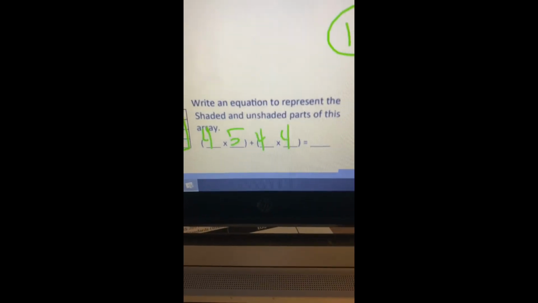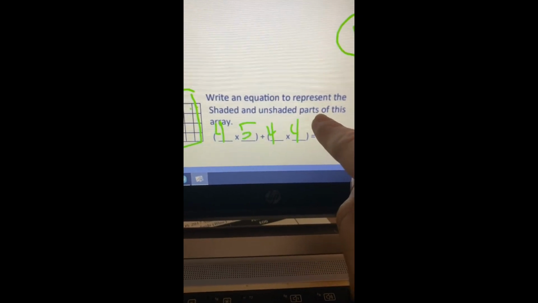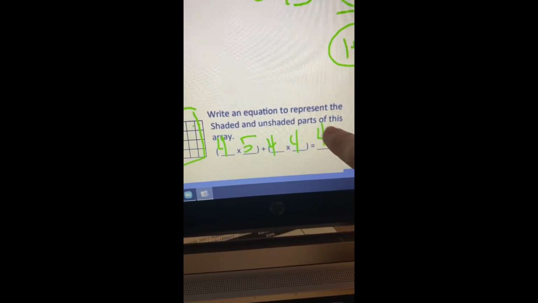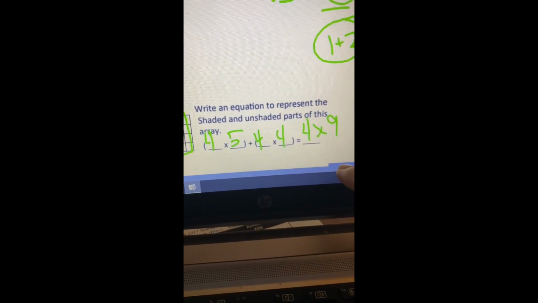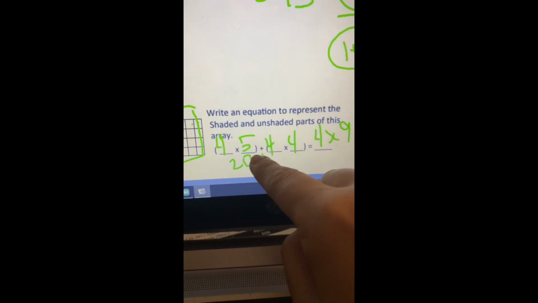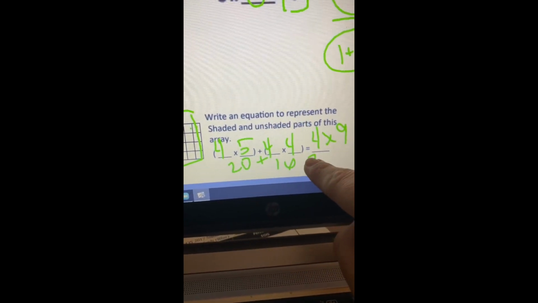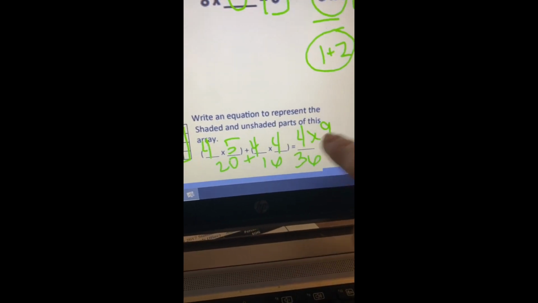So 4 times 5 plus 4 times 4, which is the same as 4 times 9. 4 times 5 is 20, plus 4 times 4 is 16. 20 plus 16 is 36.